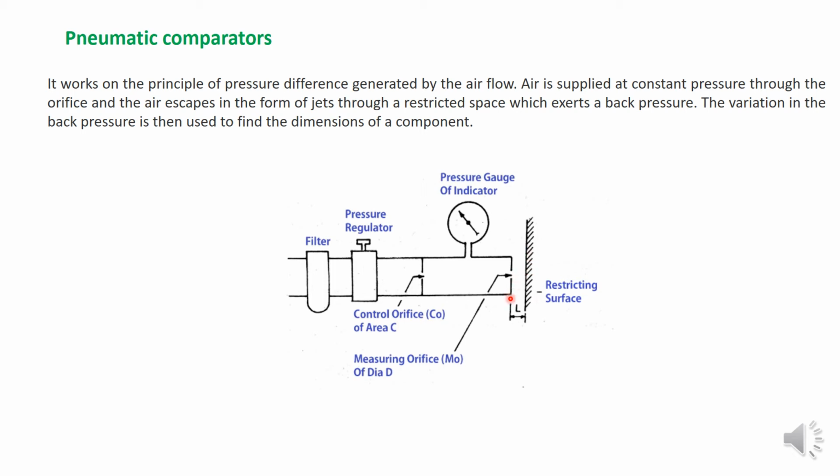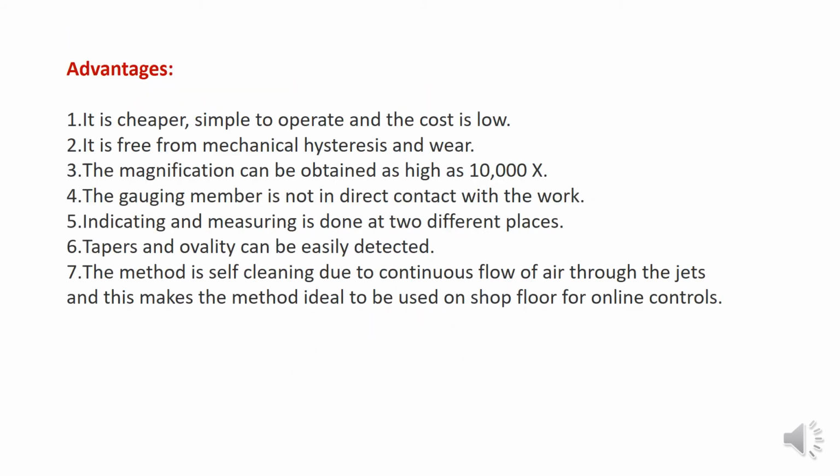For example, if the surface is smooth along this direction and we move our comparator parallel to this surface, then no pressure difference is observed during the movement of the comparator in this direction. So the pressure remains constant, and we can say that the surface is straight.